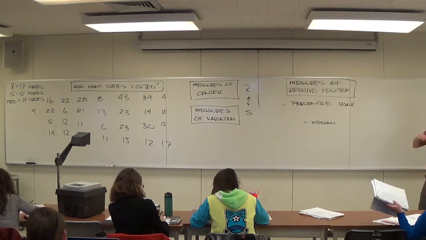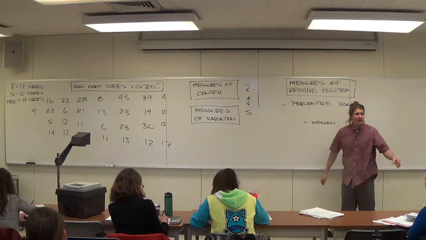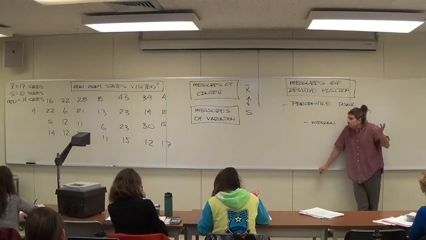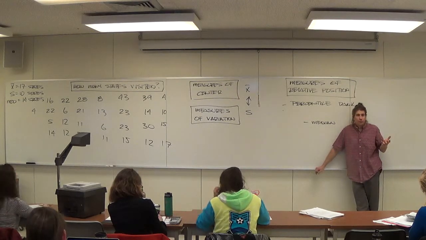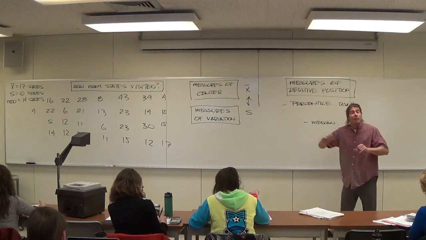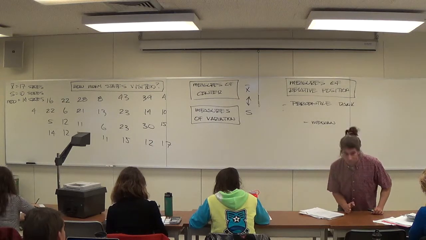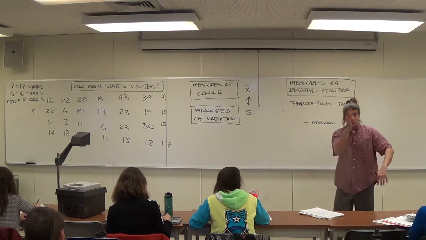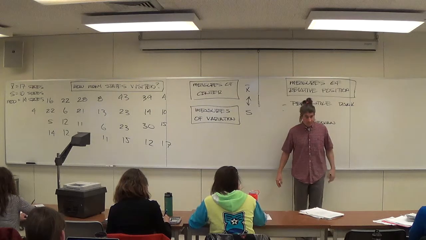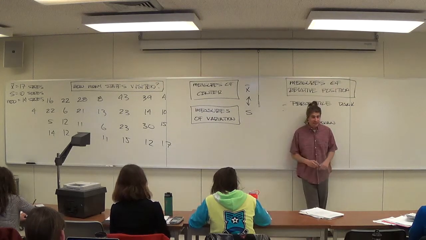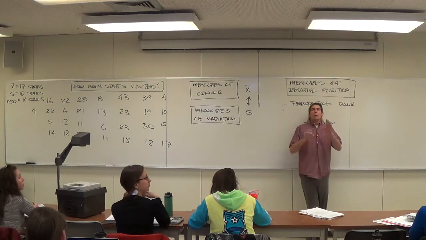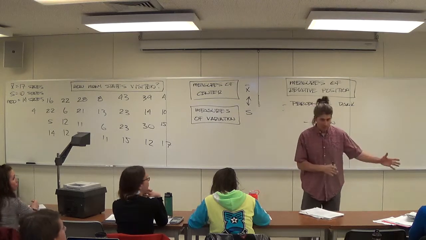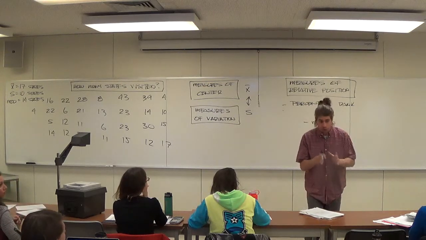Now, why do we give it another topic? Why wasn't center and variation enough? It shows that it doesn't care about how many, it cares about how many above and below, but it doesn't care how far above or below. For example, Pat, you're at 43. We know where you are within the data set, but all we care is that you're above everybody. Not how much you're above everybody.